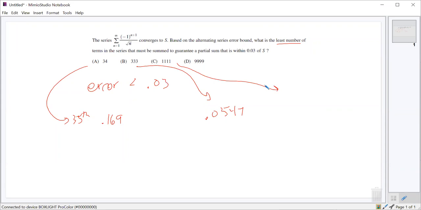If you do this one, the 1112th term, when you square root that and do 1 over that, you end up with 0.029988. And so since this is less than 0.03, we're guaranteed that our error is also less than 0.03 using the 1112th term.